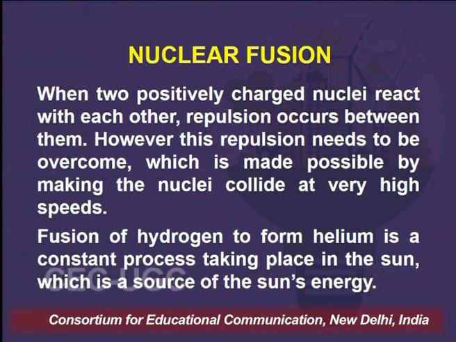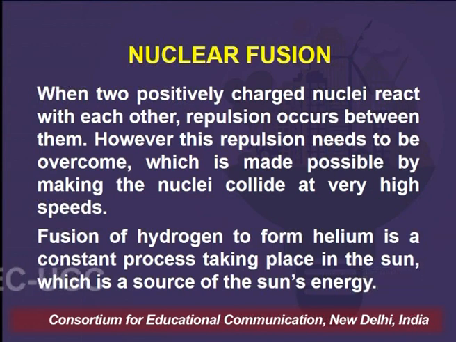So, when two positively charged nuclei react with each other, repulsion occurs between them. However, this repulsion needs to be overcome, which is made possible by making the nuclei collide at very high speeds.